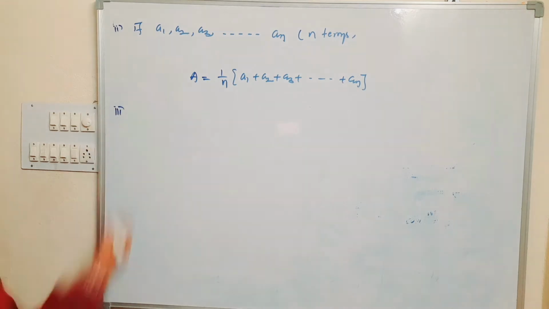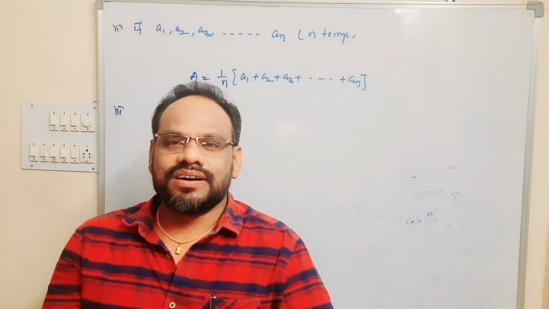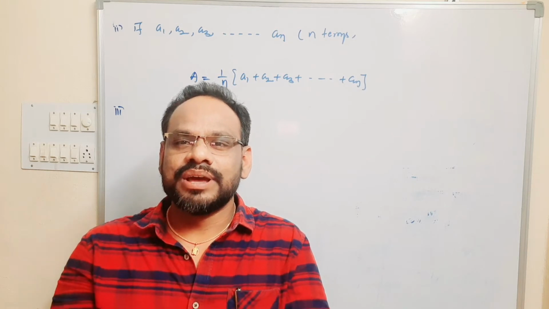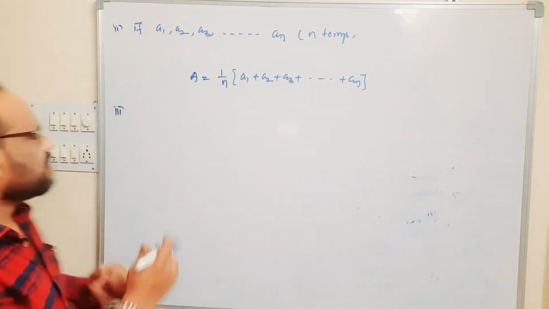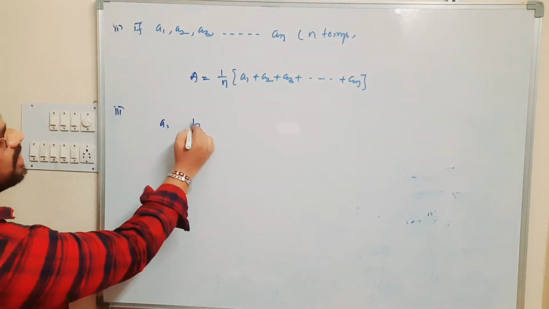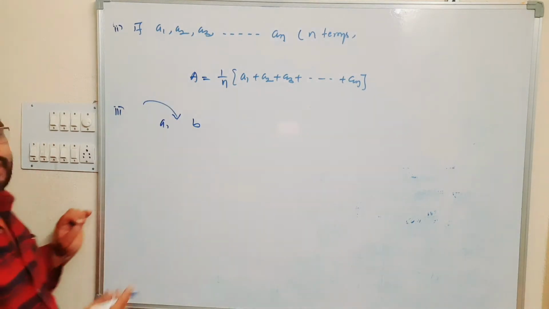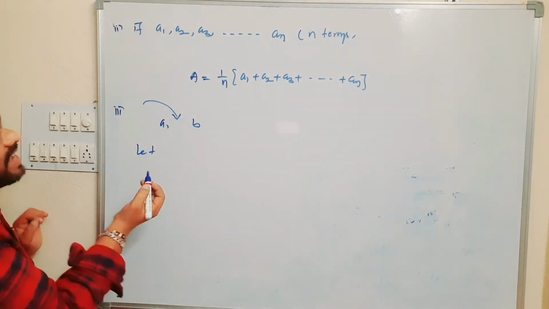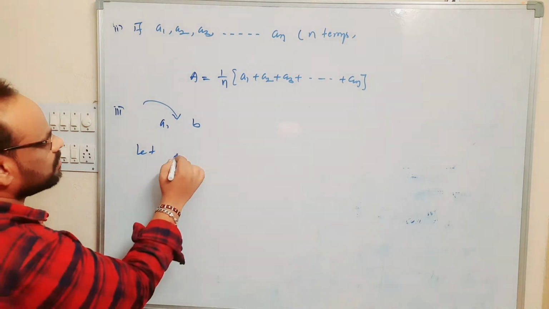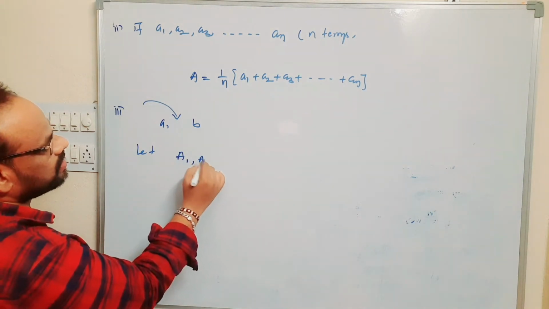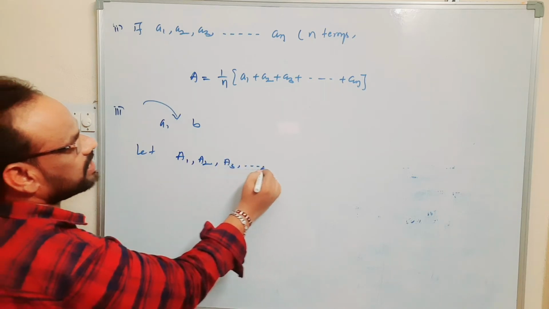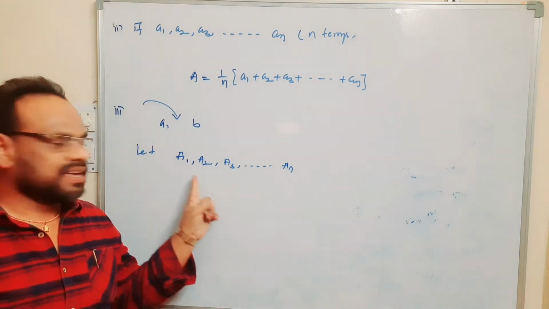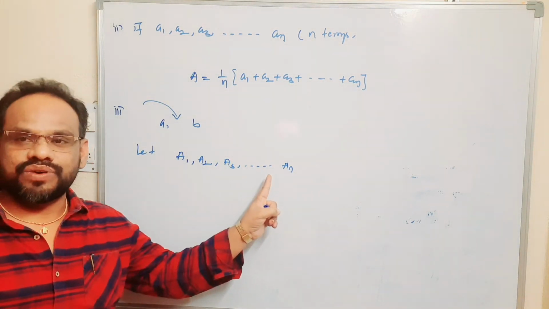Third one, how to insert n arithmetic means between any two numbers, or how to insert n arithmetic means between two given numbers. Let us assume that the n arithmetic means may be a1, a2, a3, and so on an.